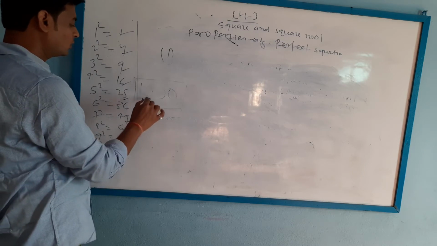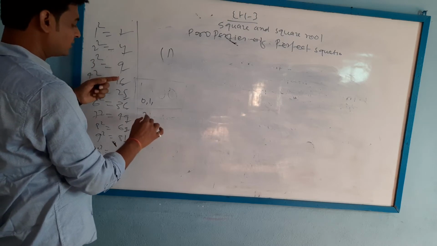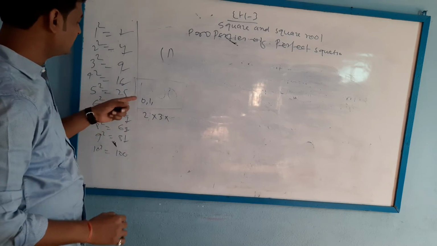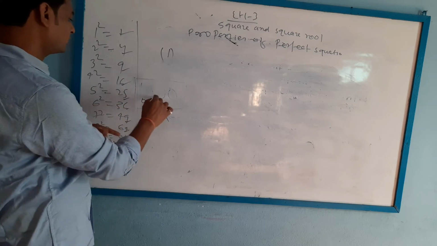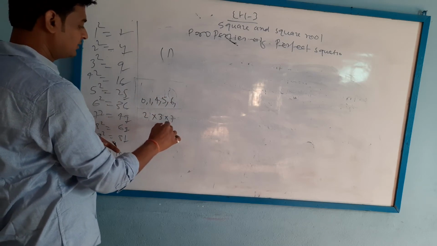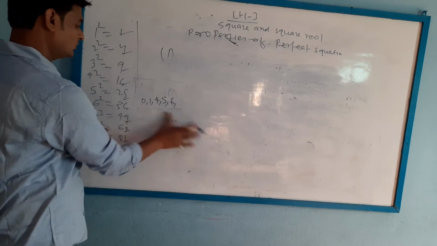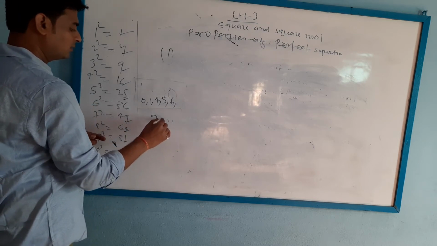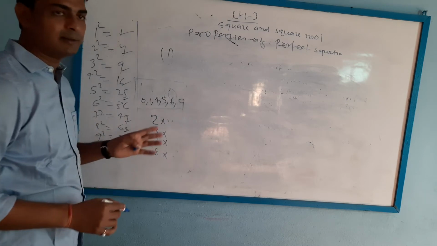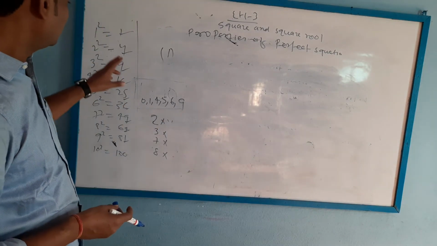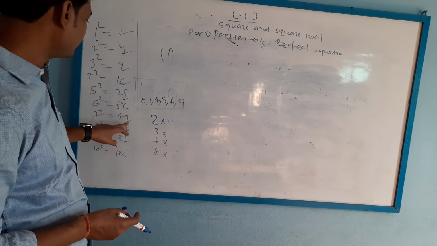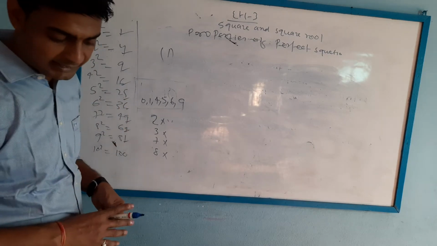We are getting 0, 1, 4, 5, 6, 9, while 2, 3, 7, 8 are missing.